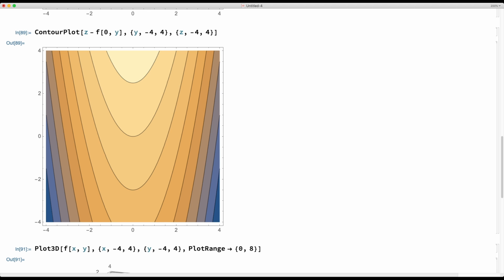Z is a function of y or z is a function of x. Which means in the different coordinate directions, we can do all the same calculus we've done before. But we can do so much more.